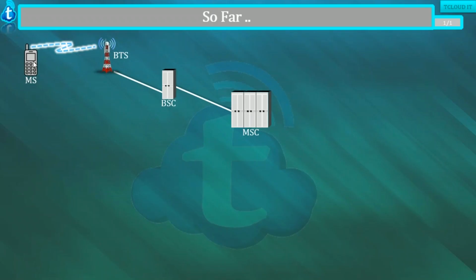But the connectivity between the mobile station and MSC is not completely wired, as we expect the mobile station to move around without any wired connectivity. We introduce the radio concept here.